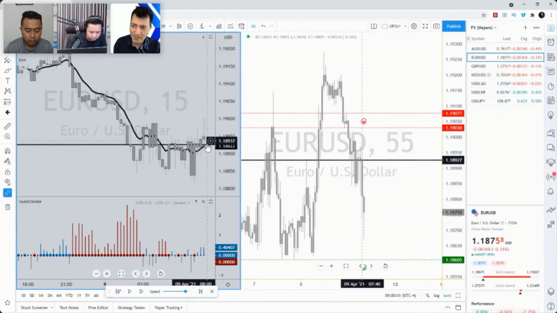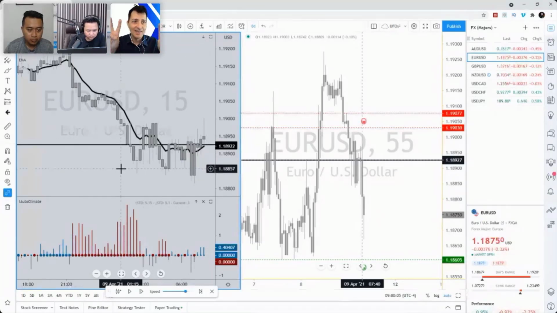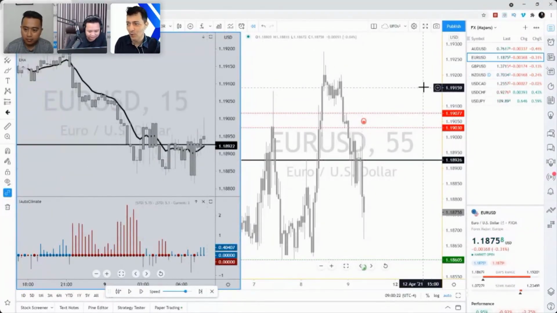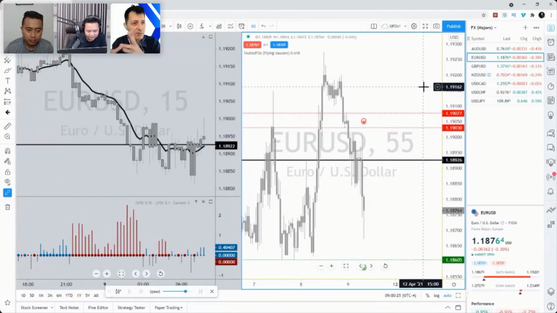So if price goes below the line, then you would tell yourself, as a price action guy, okay, the shooting star is working and the market now is going to fall. I think I don't need to translate that. Then you would go into your lower time frame, find the UFOs, so now you can find a good entry and ride the move that is supposed to happen because of the chart pattern.